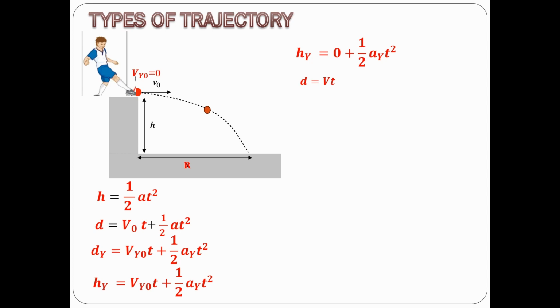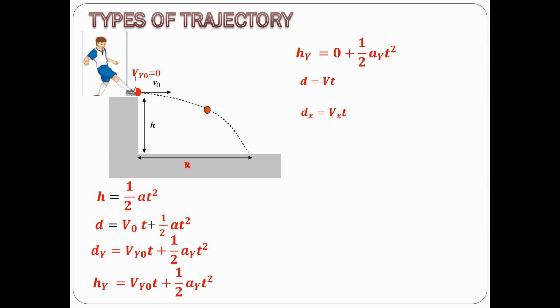Now if we apply this formula in the x direction, dx is equal to vx times t, where dx is the displacement in the x direction, and vx is the initial speed in the x direction.